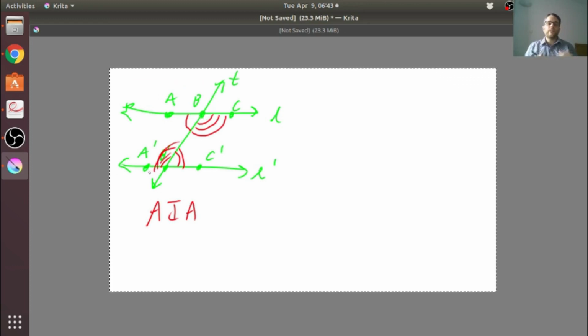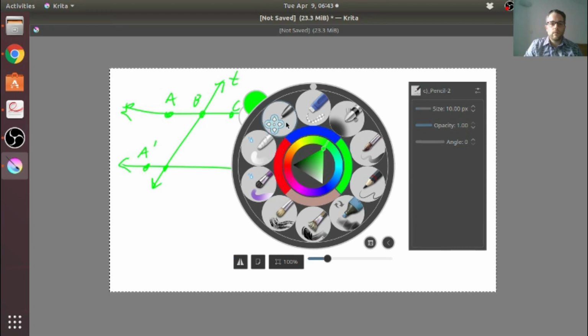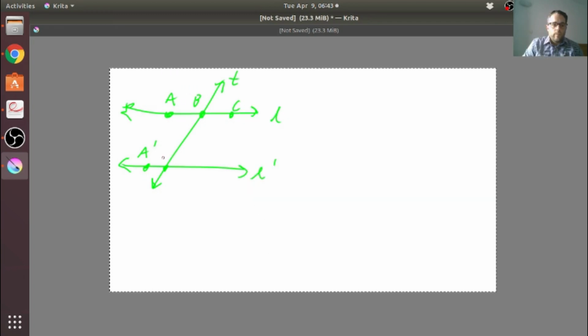So those are my two pairs of alternate interior angles. So it's the upper left and lower right, or the upper right and lower left, okay? B prime and C prime. Okay, those are alternate interior angles.